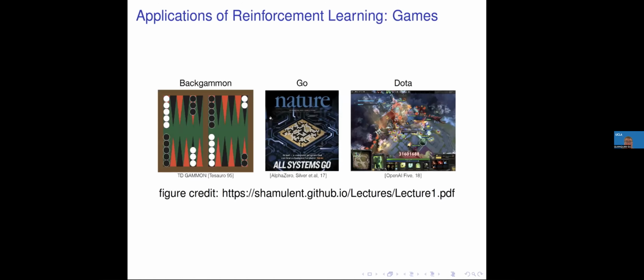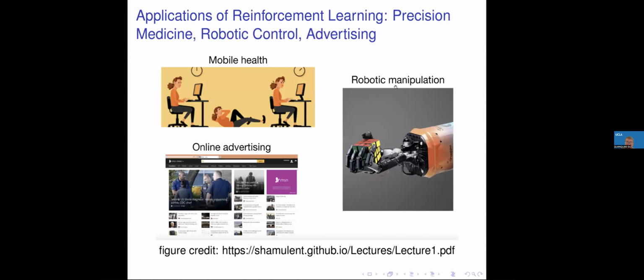And applications of reinforcement learning are very broad. One application domain is games, for example, the Go game or some video games. Another application is in the medical domain, for example, mobile health. Each person will wear some mobile device, such as a Fitbit or cell phone.